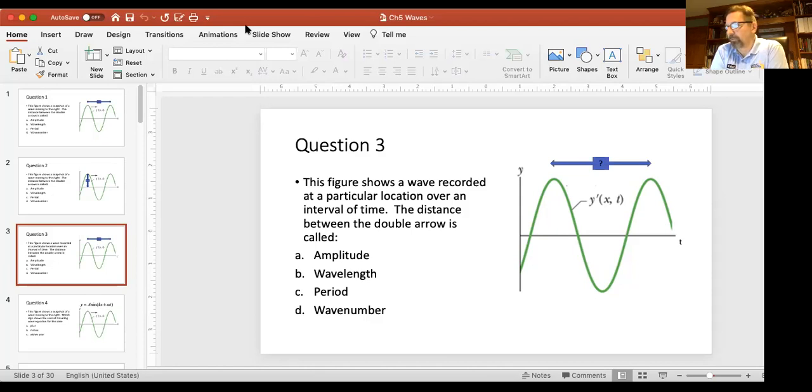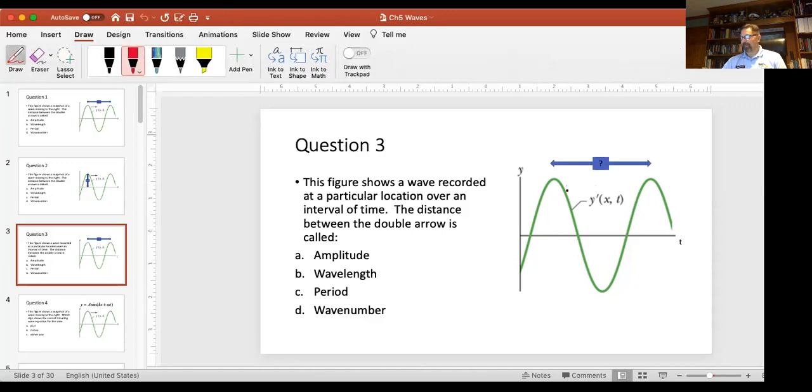Wait, doesn't that look like the first one? Yeah, there we go. Attention to detail and observation here. Check out that.